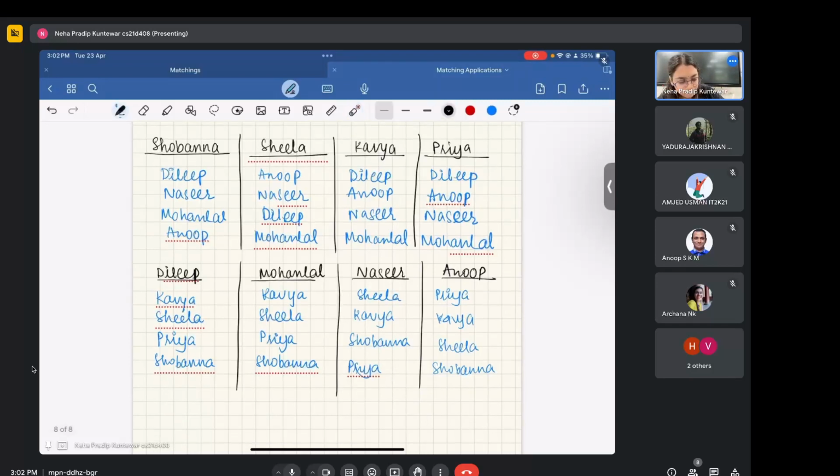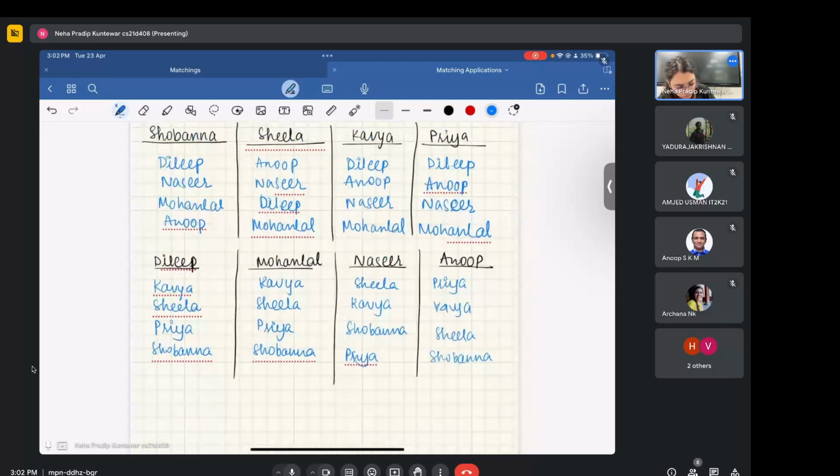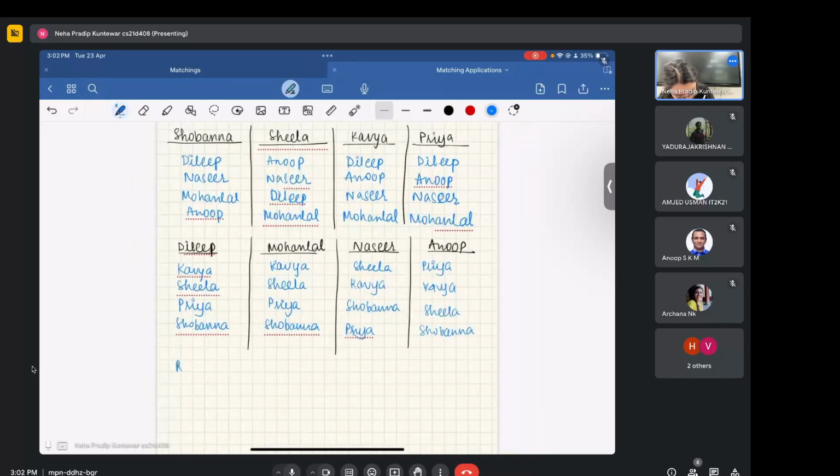According to the algorithm, what happens in the first round? She is going to propose to the first person on the list, that is Dilip.